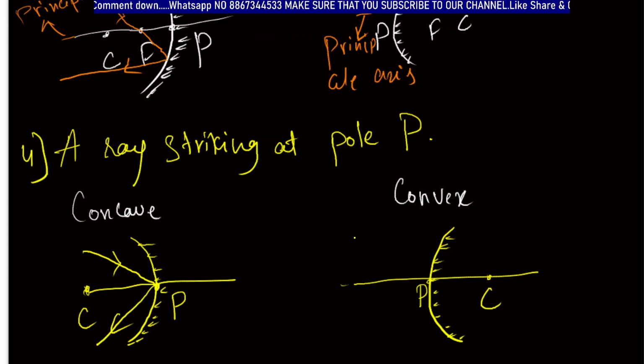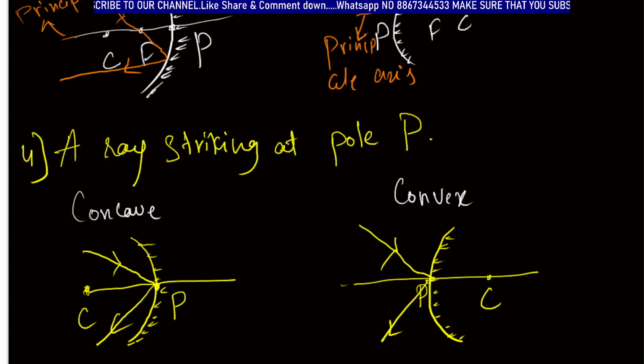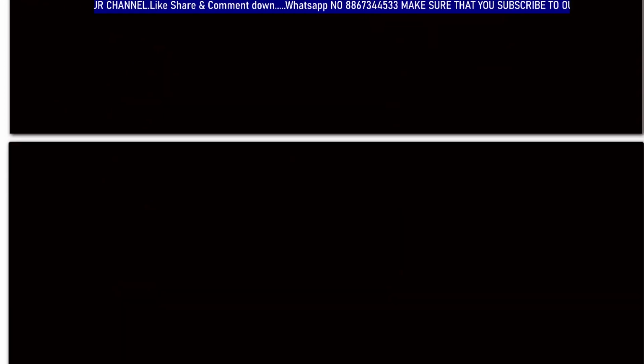Point to be remembered, whenever a ray is striking at pole P, it reflects back in the opposite direction. Same in the case of convex too. So these are the 4 types of rays that we consider while drawing a ray diagram.